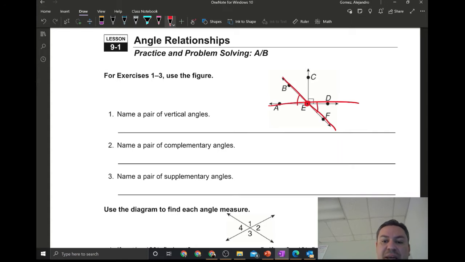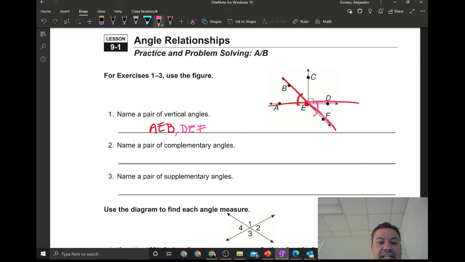So this angle is A, E, B, and the other one will be D, E, F. Those are my two vertical angles.